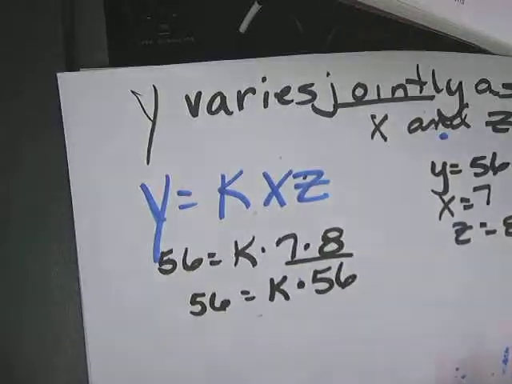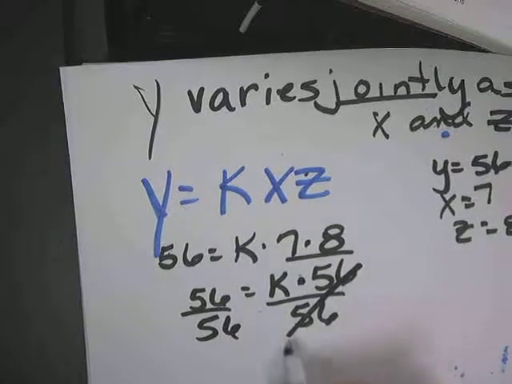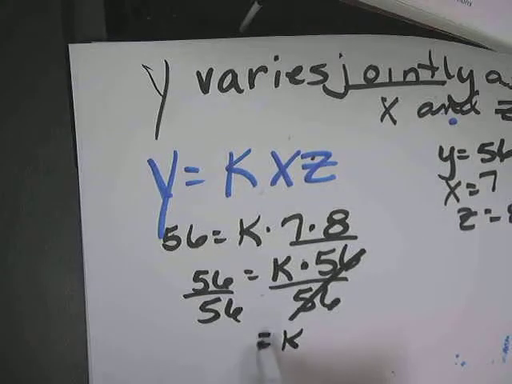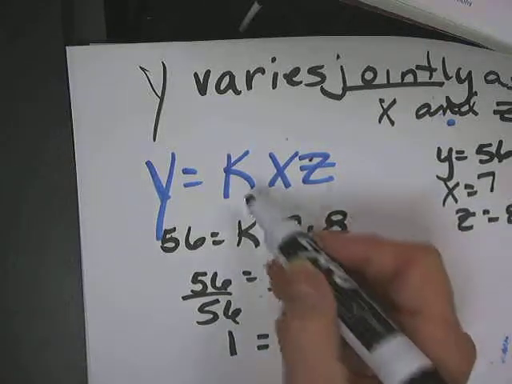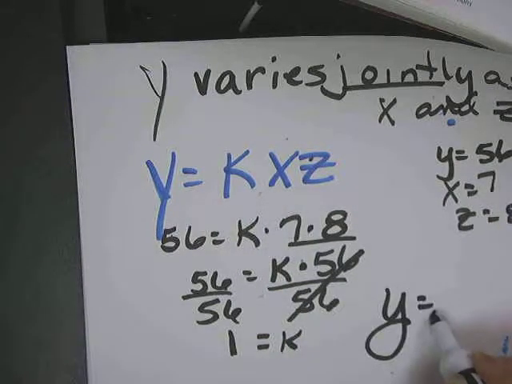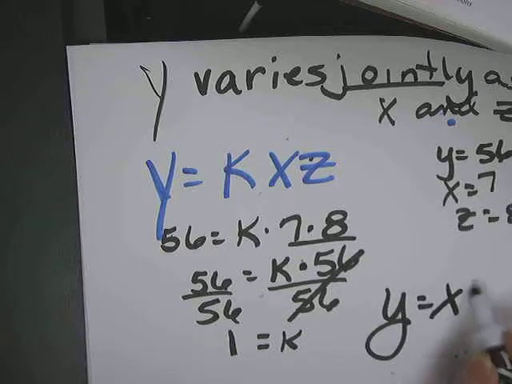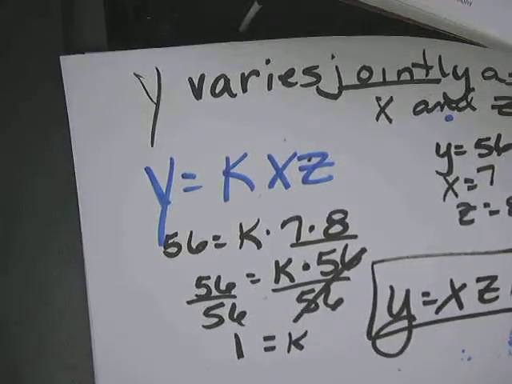Okay, so let's do this when Y is 56, X is 7, and Z is 8. For Y we put 56, for X we put 7, for Z we put 8.